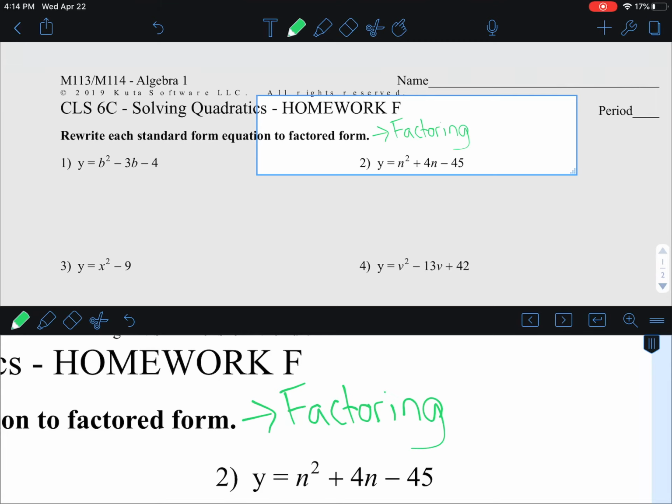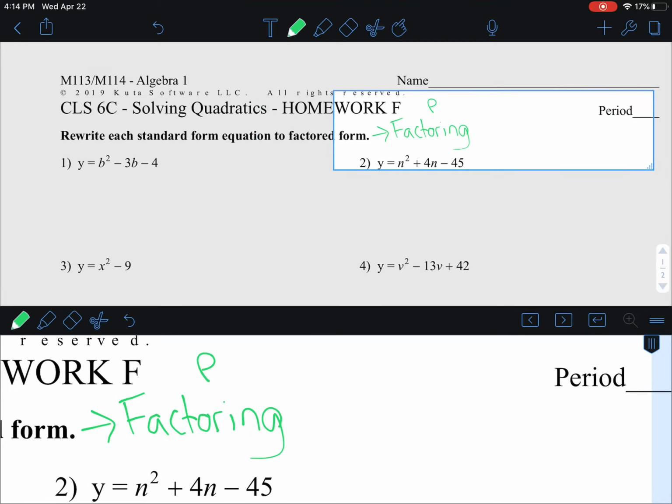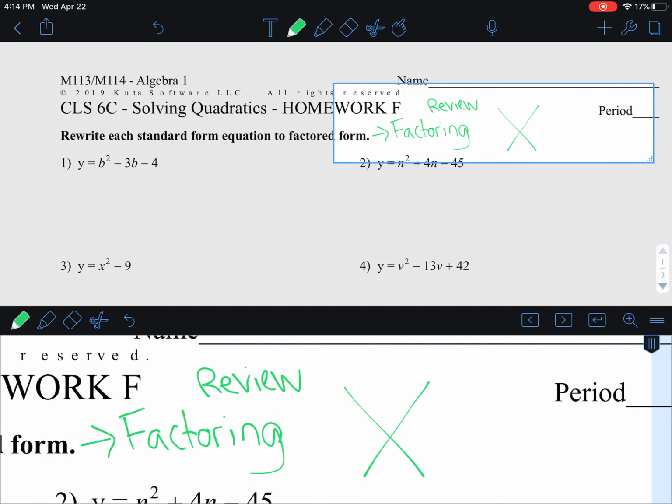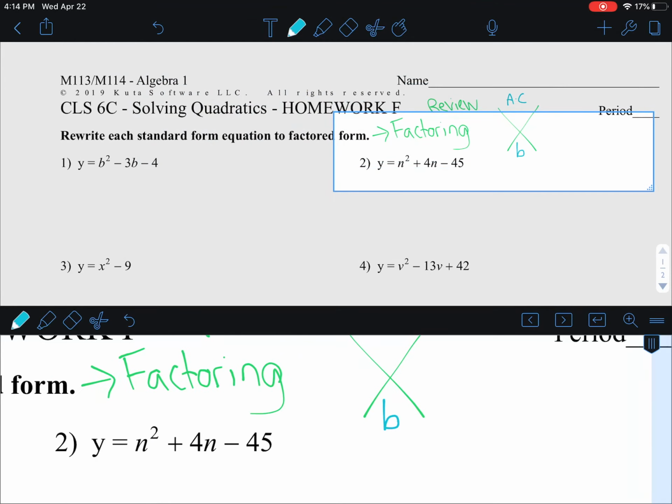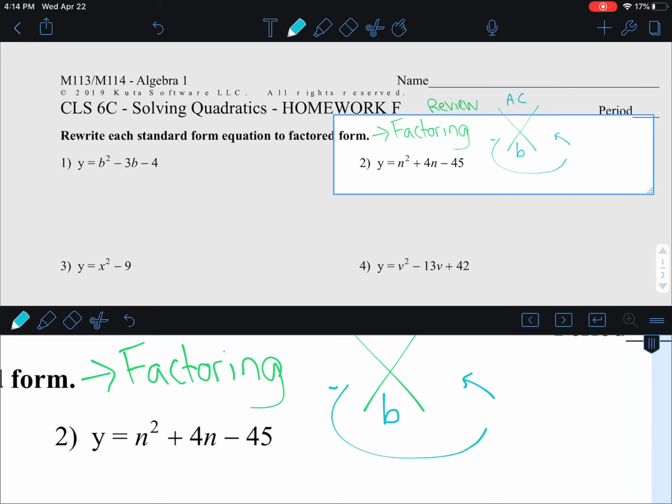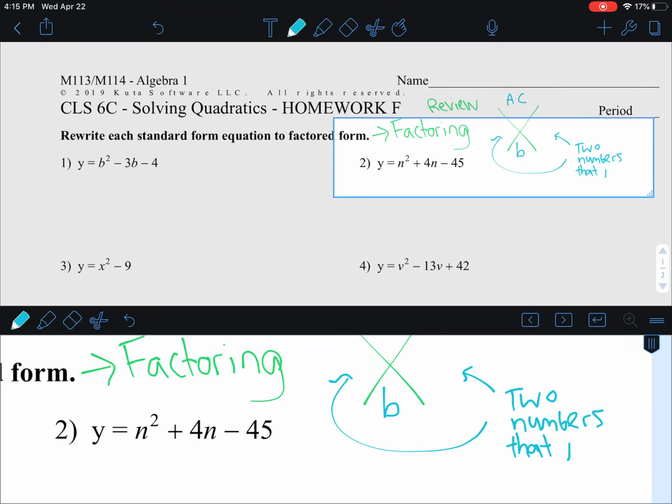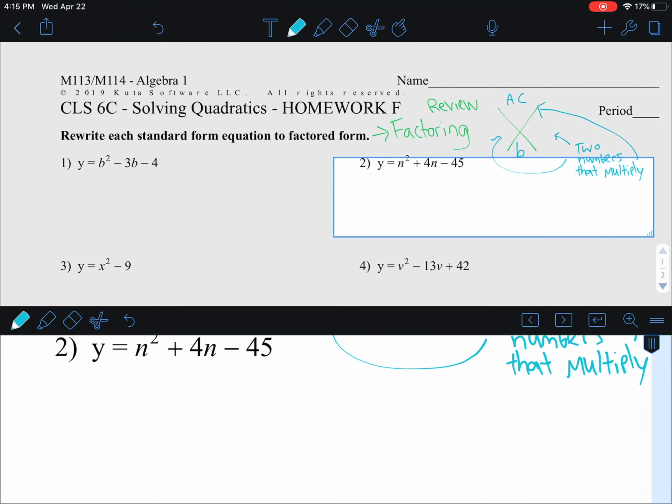Now, maybe you remember this. This is actually a review of the X method. Remember, with the X method, A times C goes up top, B goes on the bottom, and then you think about what two numbers multiply to whatever the top number is, and add to whatever the bottom number is.